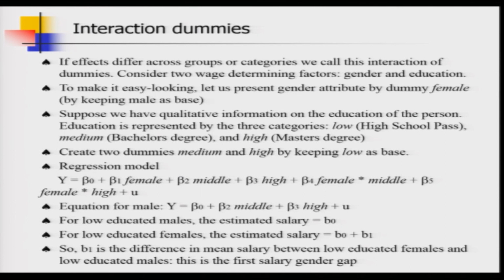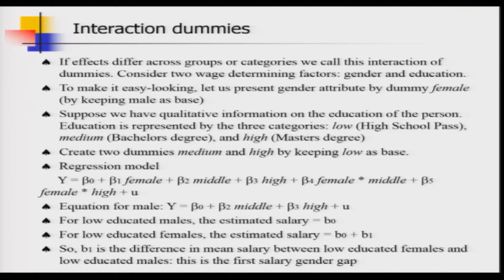Now note that our regression model is pretty general in the sense that you can also talk about other types of gender gap. So now you can move on to a different level of education, say, so you can move up to say medium, and then you can find the gender gap, then you can move on to concentrate on the high education class only, and then there also you can talk about the gender gap.